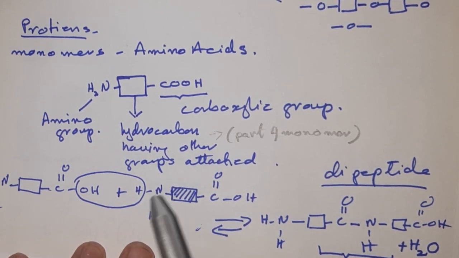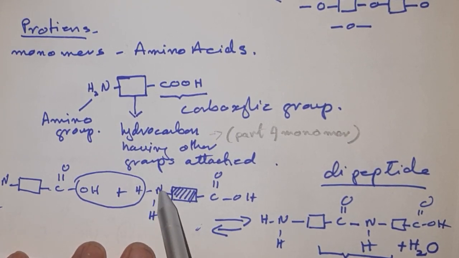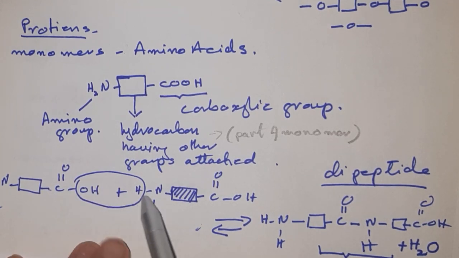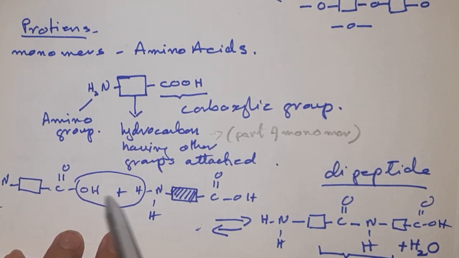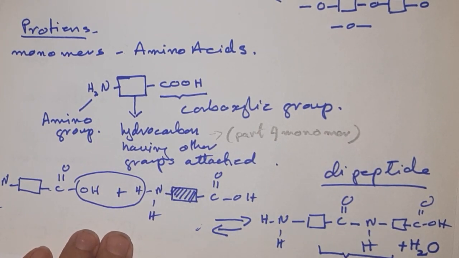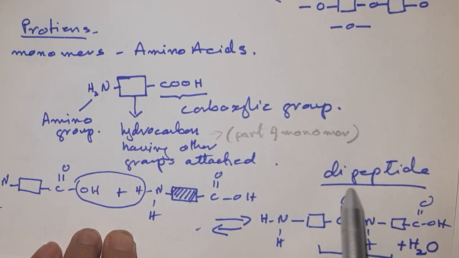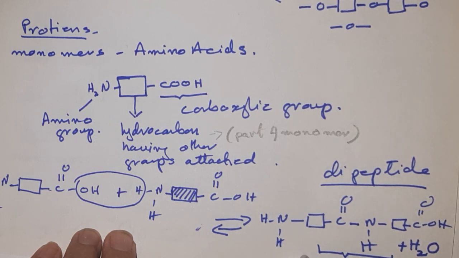So when they condense together, hydrogen from the amino group and the hydroxyl group from the carboxylic group are removed, and they are eliminated as a water molecule. Here I have joined them together, and you can see this is the peptide linkage in between them. So this is called a dipeptide.